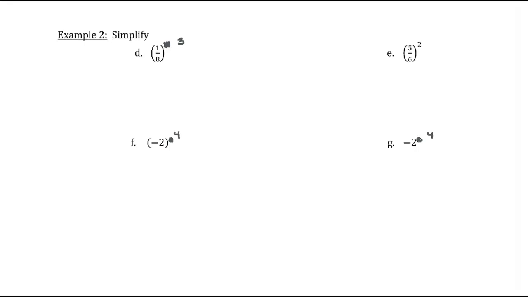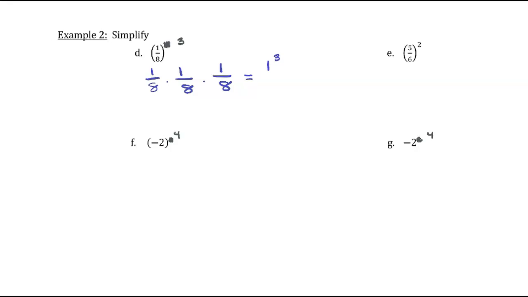If I have 1 over 8 to the 3rd power, that means I need to do 1 over 8 times 1 over 8 times 1 over 8. When we multiply fractions together, we can multiply the numerators together and the denominators together. So I first want to point out that this is the same thing as 1 times 1 times 1, or 1 to the 3rd.